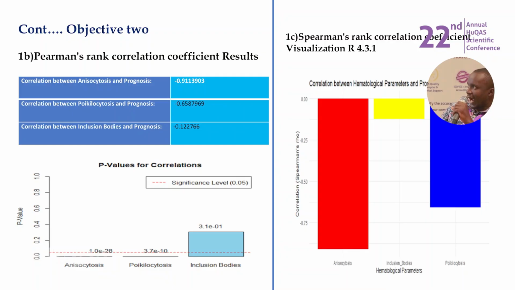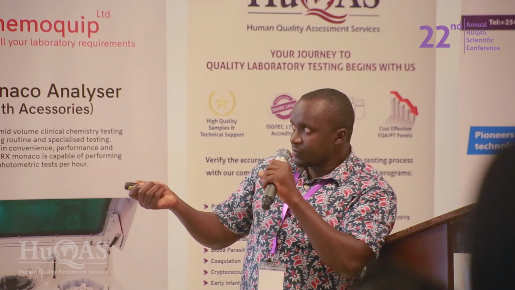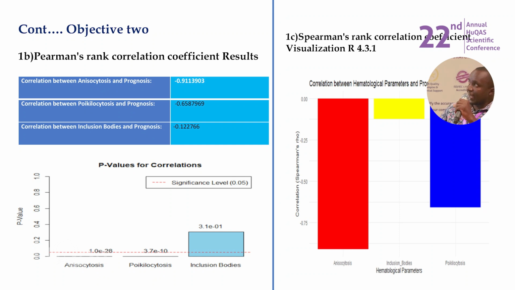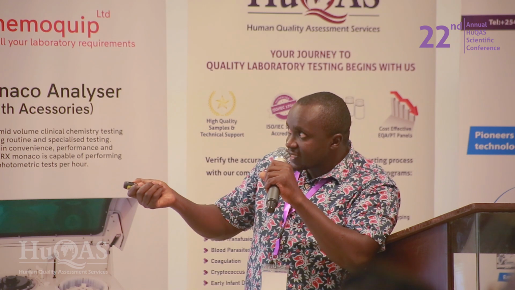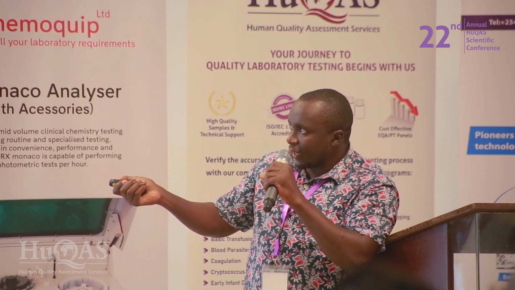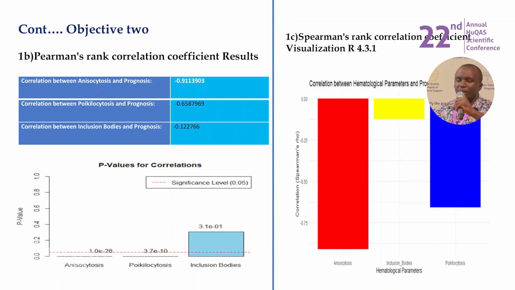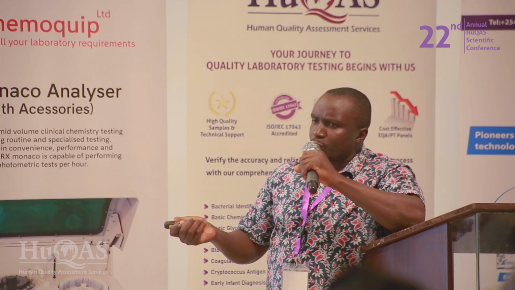Now this is the mathematics. The correlation between anisocytes and prognosis was negative. We are going to discuss this here. Then we wanted to assess whether this coefficient was statistically significant or not.